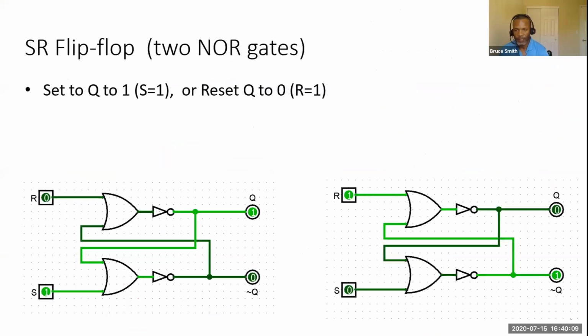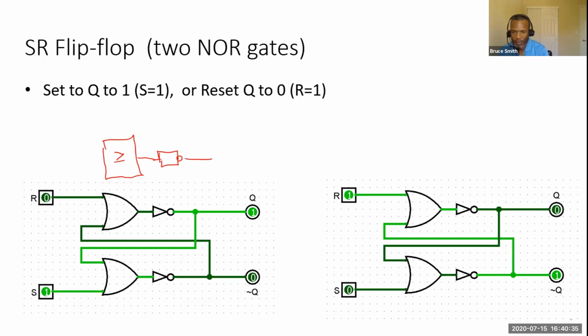So Logisim Evolution looks a bit different from this. It will not have this OR gate here, but you're going to see in Logisim Evolution an OR gate that looks like this, and you're going to see an inverter that looks like this.